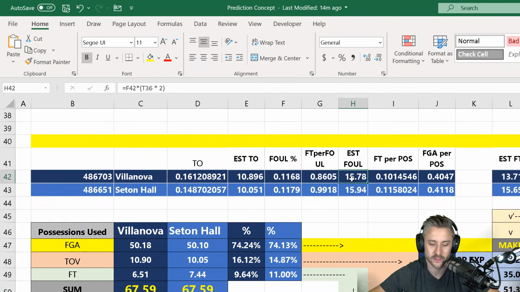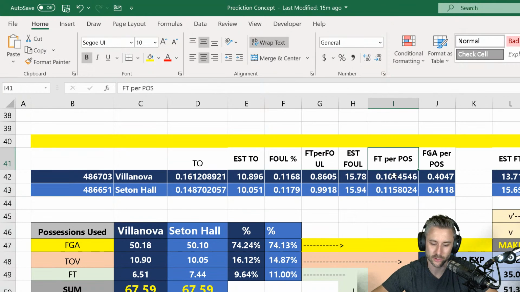And so we can calculate the estimated number of fouls for each team by multiplying the foul percentage times the number of possessions times 2. Remember, because they can happen on both ends of the floor. So 11% times the sum of this, so 11% times 135.18 equals about 15.78 expected fouls for Villanova and 15.94 expected fouls for Seton Hall.